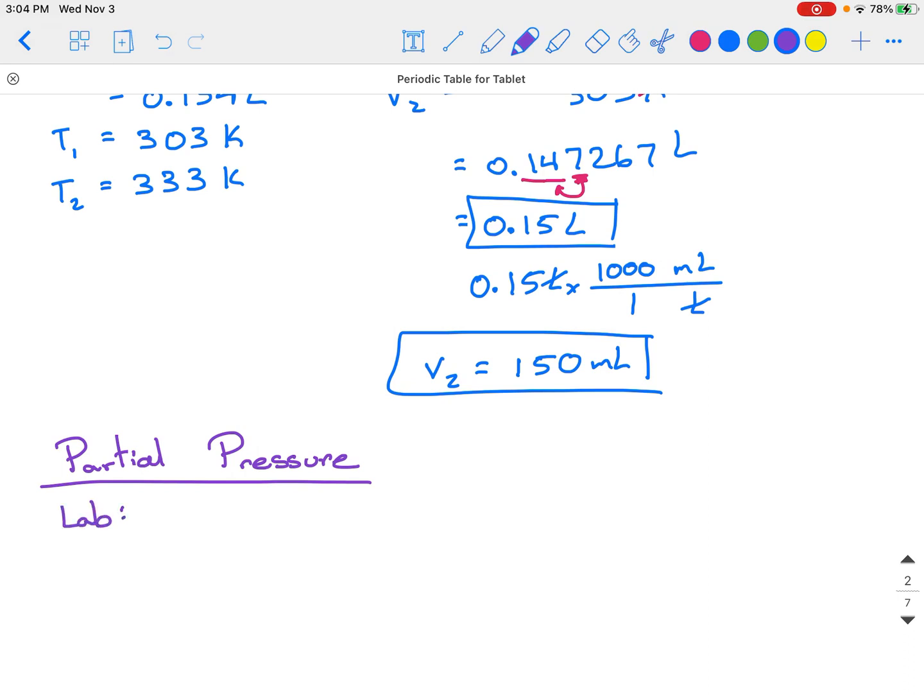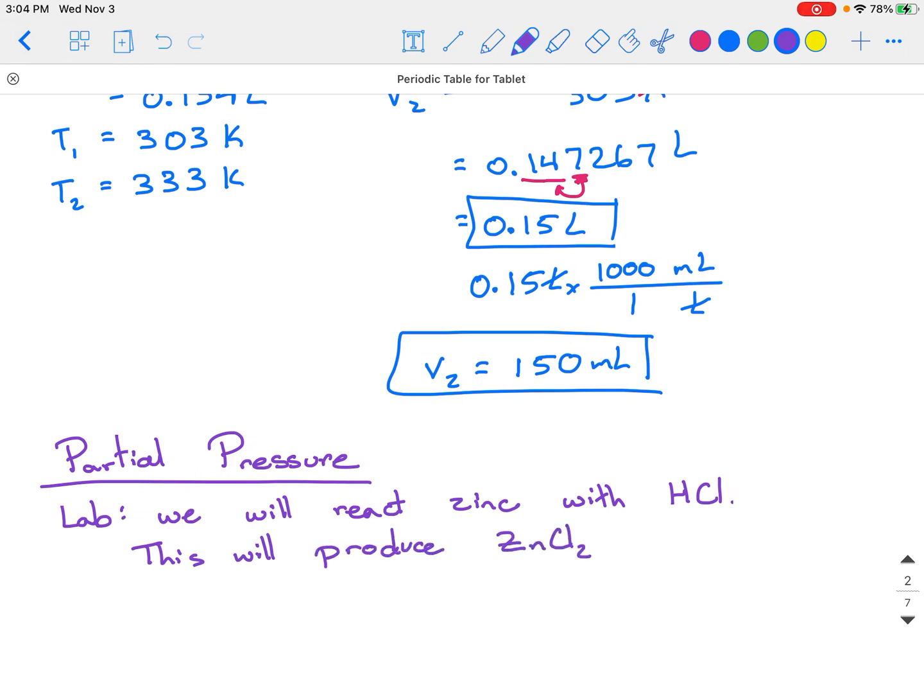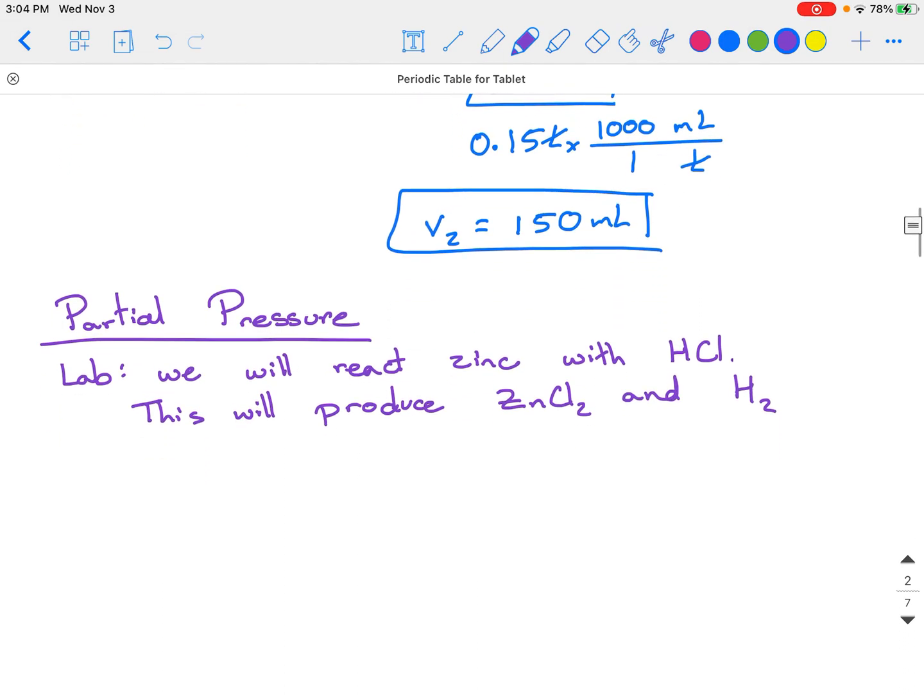For the lab, we will react zinc with hydrochloric acid, or HCl. This will produce zinc chloride and hydrogen gas.